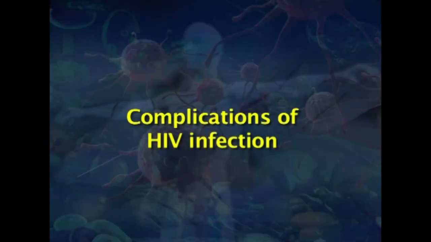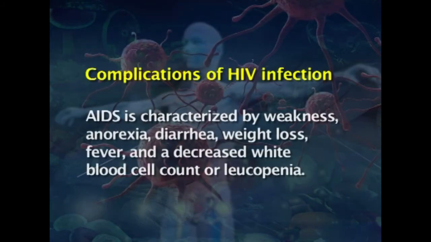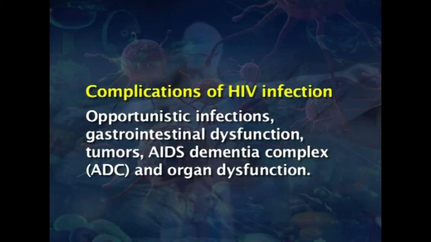Now let us see the complications of HIV infection. AIDS is characterized by extreme weakness, anorexia, diarrhea, weight loss, fever and a decreased white blood cell count, what we call leukopenia. Common problems associated with the AIDS patient include opportunistic infections, gastrointestinal dysfunction, tumors, AIDS dementia complex, typically known as ADC, and organ dysfunction.